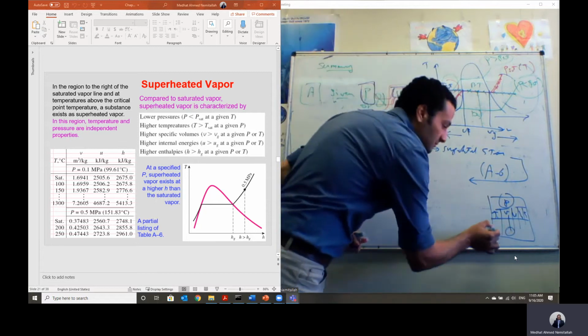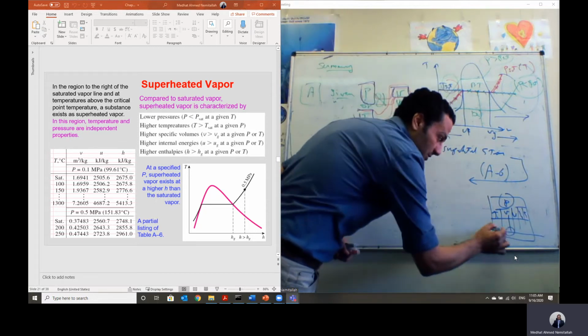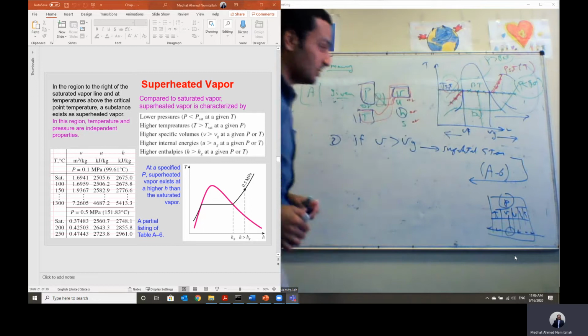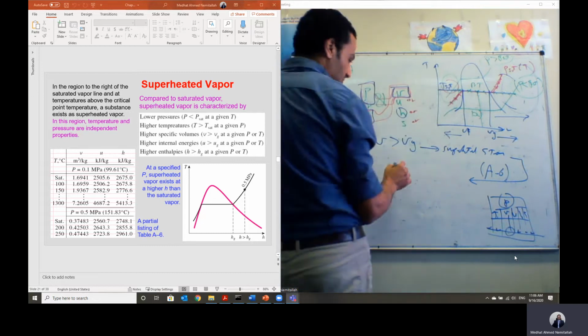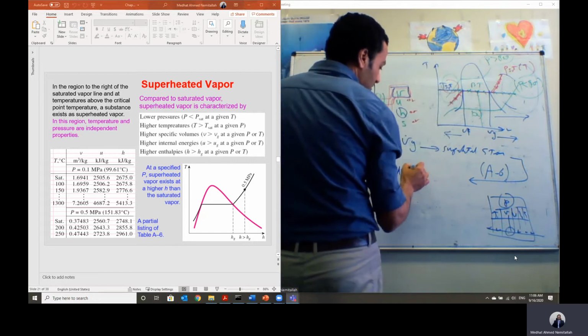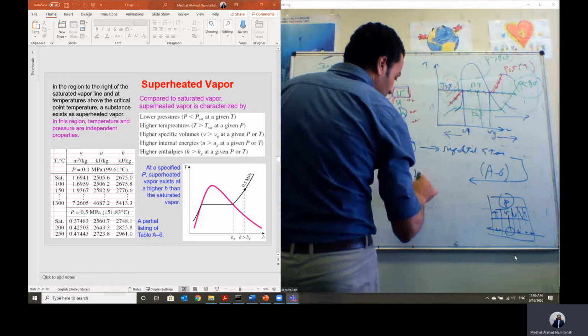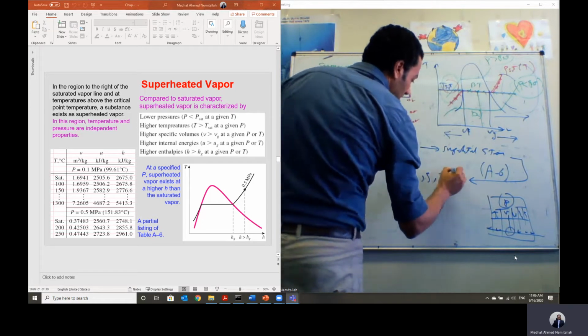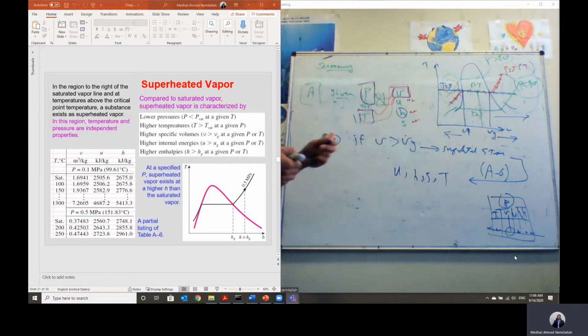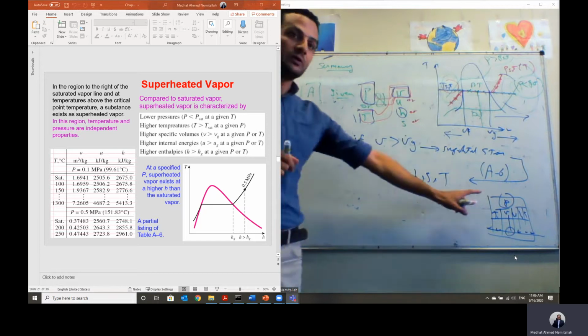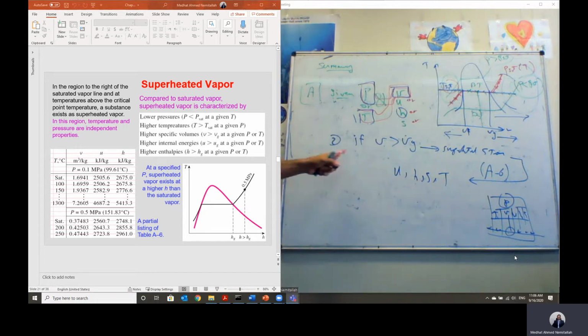Then once I get the value, I can read the other properties: temperature, internal energy, enthalpy, and entropy. All of the properties can be confirmed. And if temperature is needed, then we can get the temperature in this case. Okay? So this is the second option.